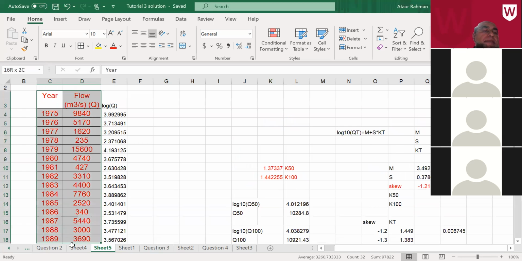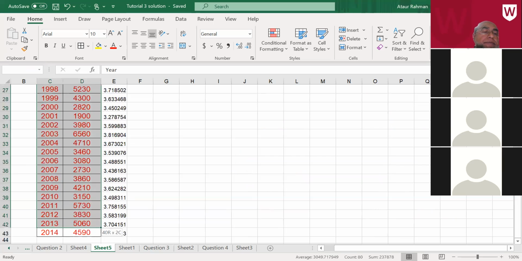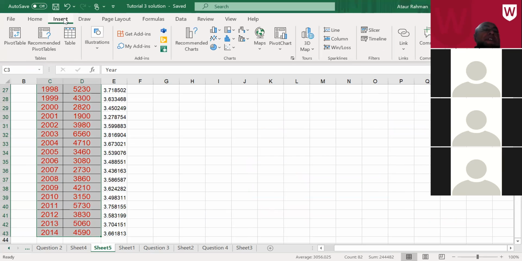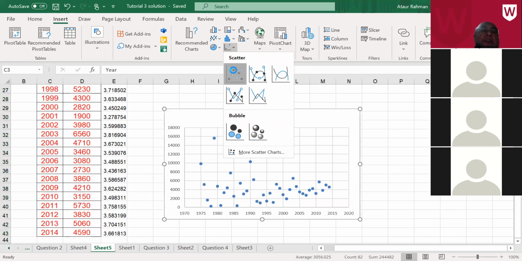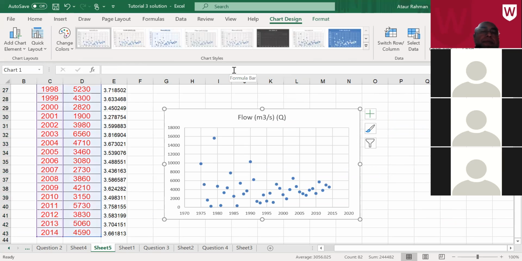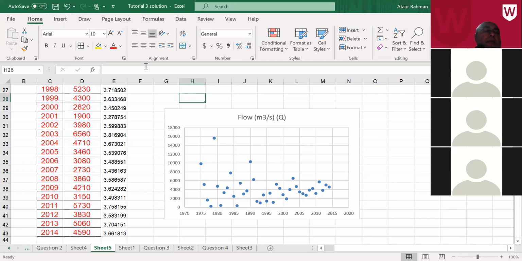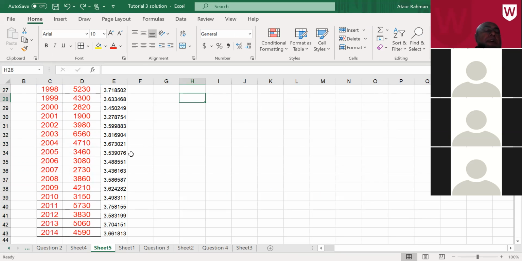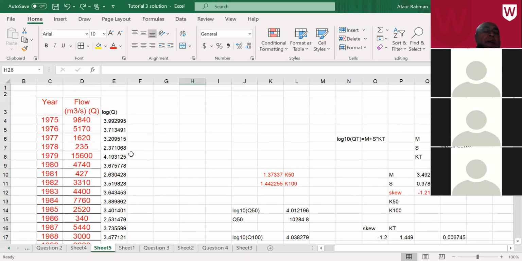So you select this data. So we do a graph, insert, scatter plot. I think we have selected the wrong thing here.